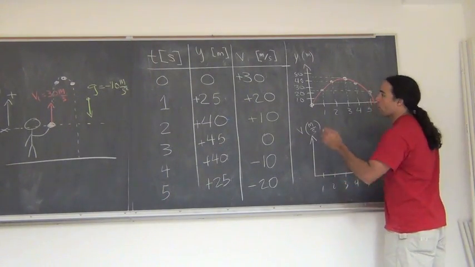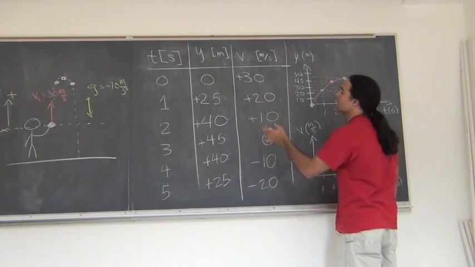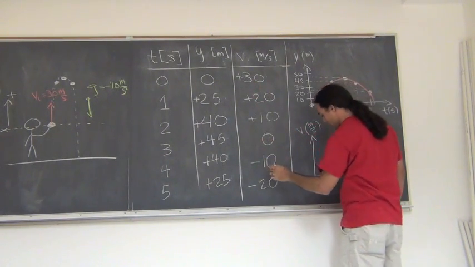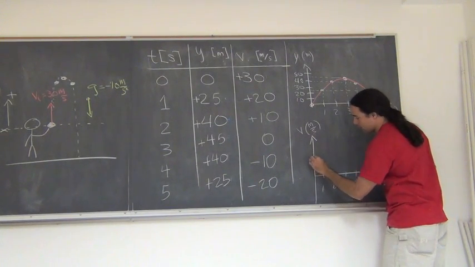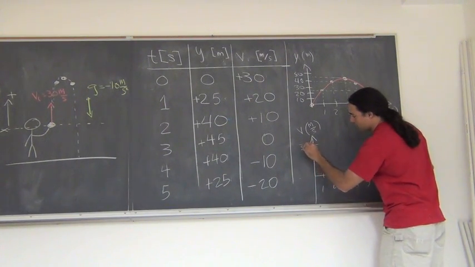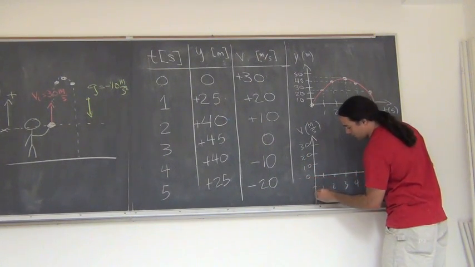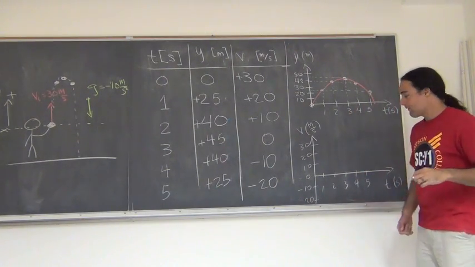Again, we'll want to put some coordinates on our y-axis. We go from 30 to negative 20, so let's say it's 30, it's 20, it's 10, 0, negative 10, negative 20. Let's see what our graph looks like.